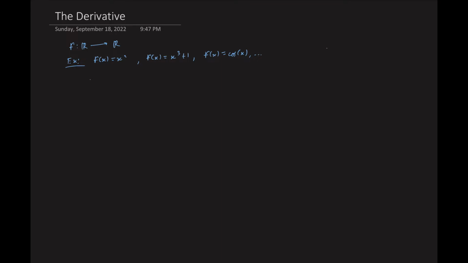And to answer that question, we first look at this graphically. Let's say that this is x, and let's say that this graph here is the graph of f of x.